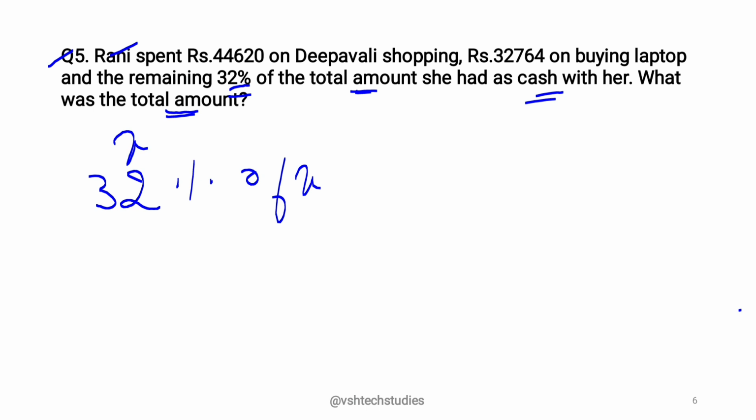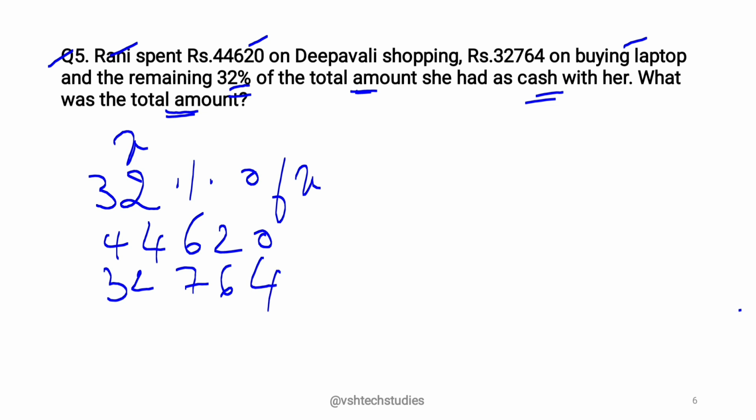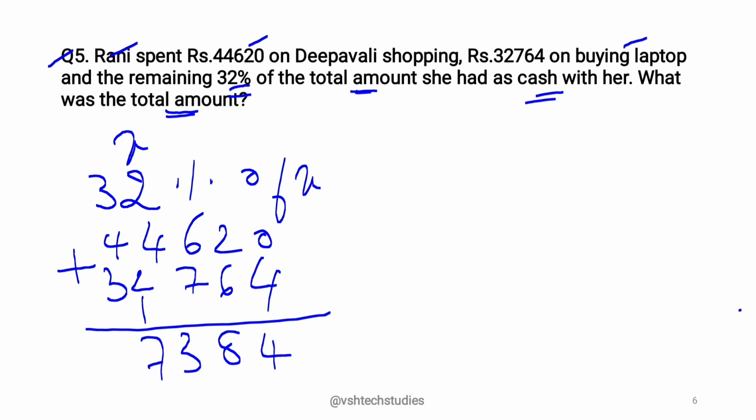What is her expenditure? On Deepavali, 44,620, and for buying laptop 32,764. This is her total expenditure. Adding the two, 0 plus 4 is 4, 2 plus 6 is 8, 6 plus 7 is 13, 1 carry and 3 here, 4 plus 3 is 7, 4 plus 3 is 7.